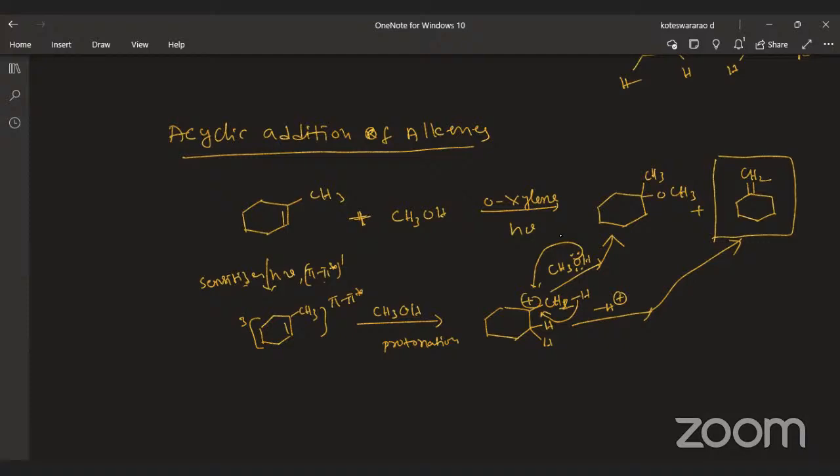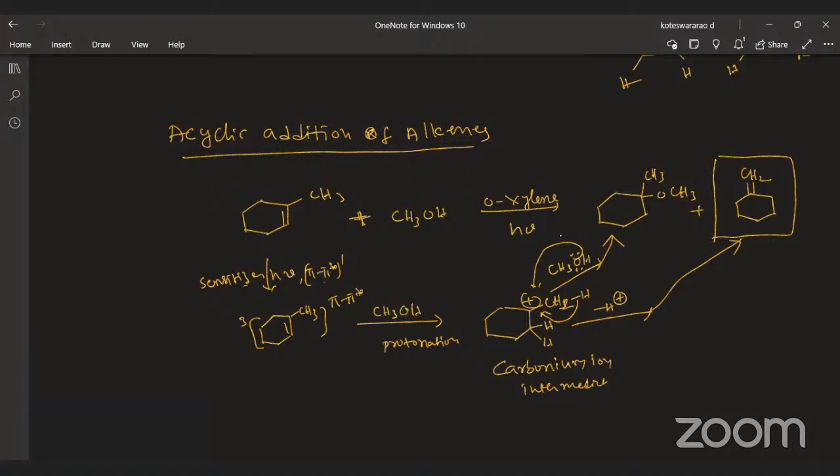The formation of this carbocation intermediate is confirmed by this product. How is it generated? Just a simple elimination of a proton from the methyl group leads to this kind of exocyclic double bond compound. That is the evidence which clearly indicates carbocation generation in the reaction. We have several examples we can see.